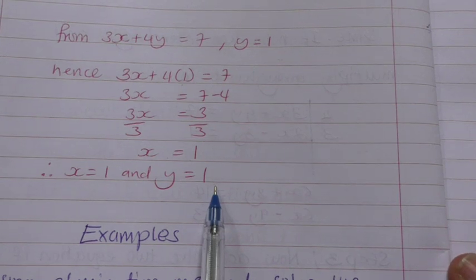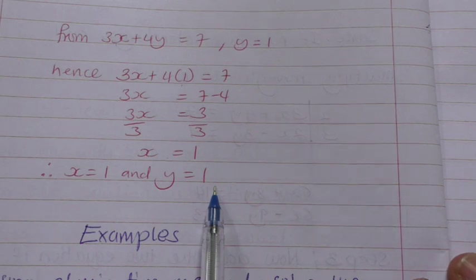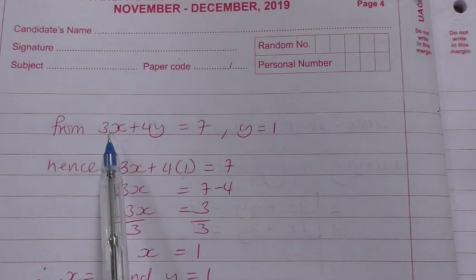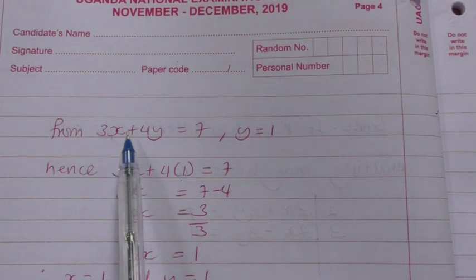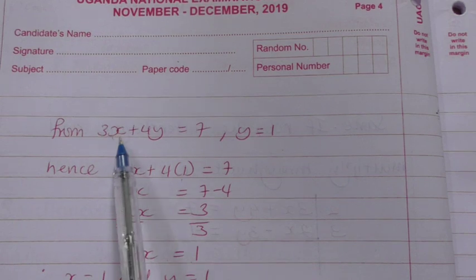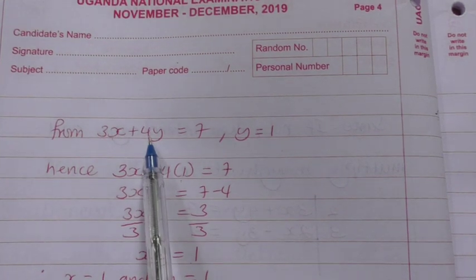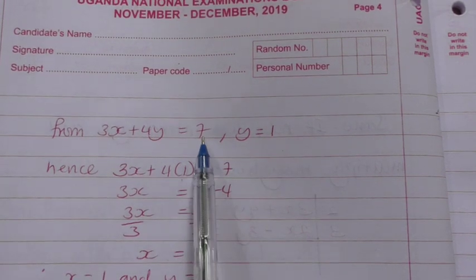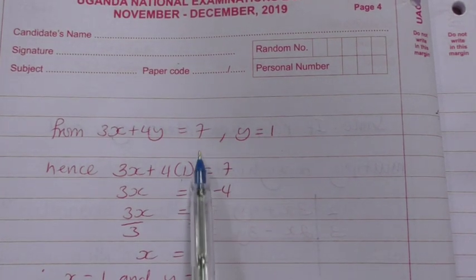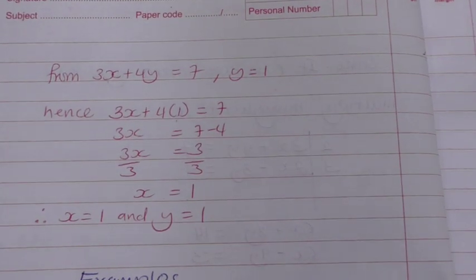Please, you can always prove your answers before you leave. That is, if we substitute for x and y, we substitute x with 1, we substitute y with 1, that will give us 3 plus 4, which is a 7, meaning it is correct. So those are 4 simple steps of solving simultaneous equations by elimination.